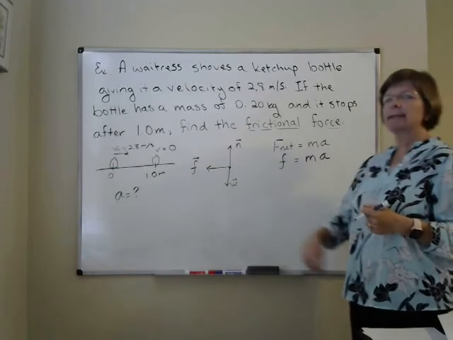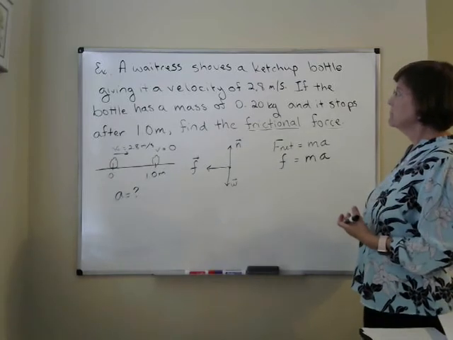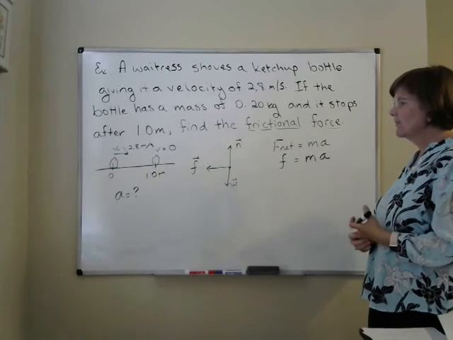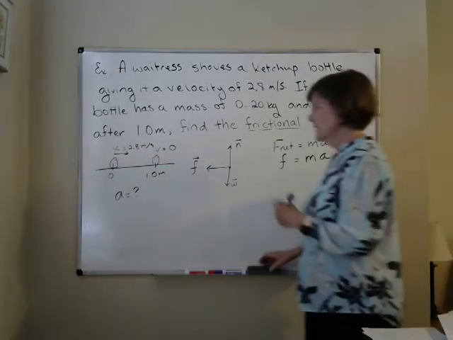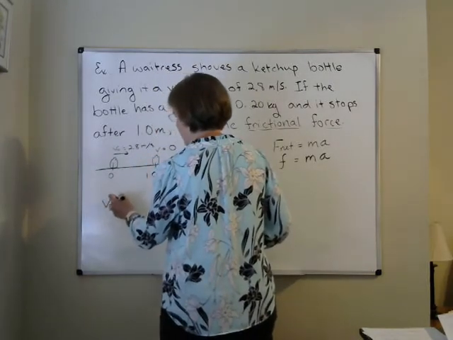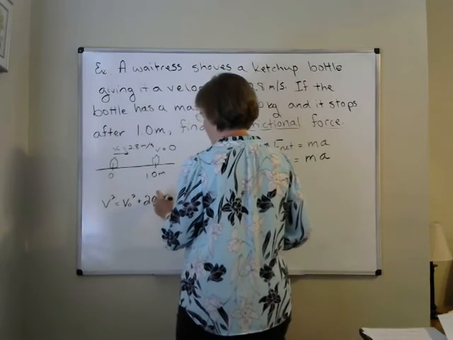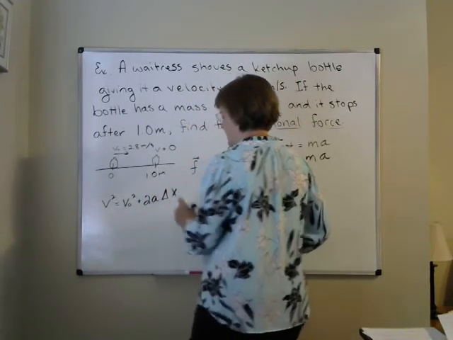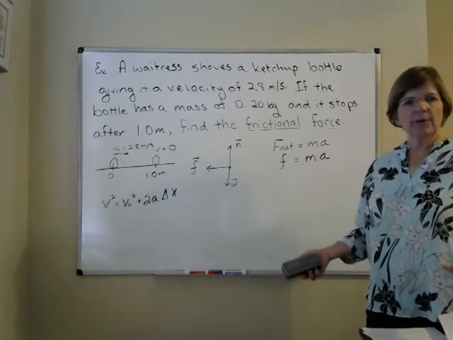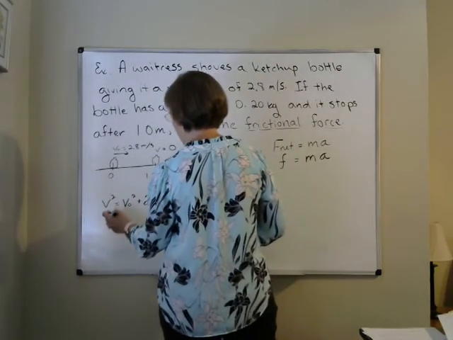But I did chapter 2, so we're going to assume that this is a constant acceleration problem and we can figure out what the acceleration is. We have a formula that says v squared equals v0 squared plus 2a delta x, times the displacement. That's the one that says if you don't know the time, you don't need the time. The final velocity was 0.